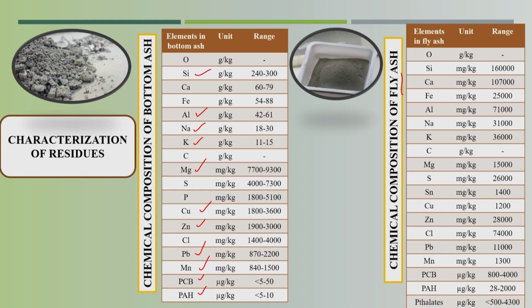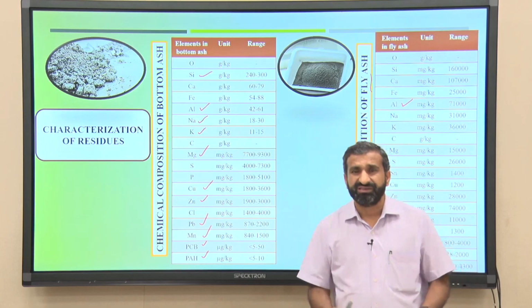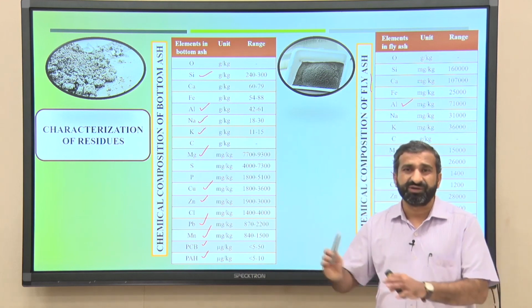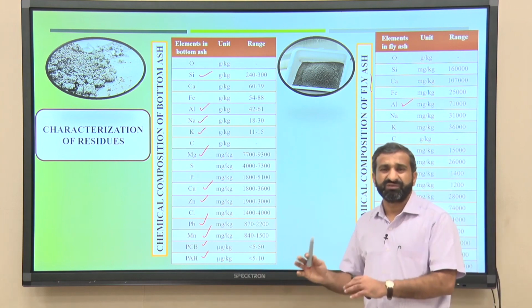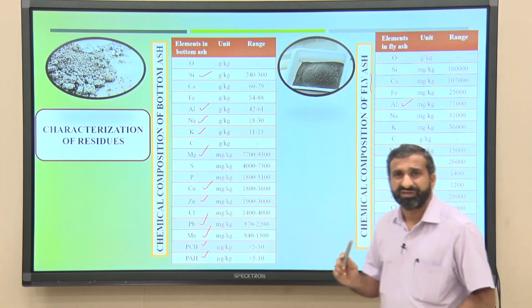You see here the manganese lead concentration is 11,000 milligram per kg, so it is a very high concentration of metal. Here the aluminum is 71,000 milligram per kg. Normally these kinds of residues are called toxic, and this toxicity is mainly because of metal concentration, as a very large concentration of metals is available in this solid residue.